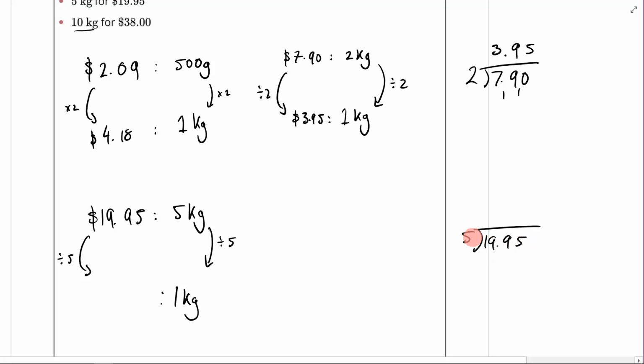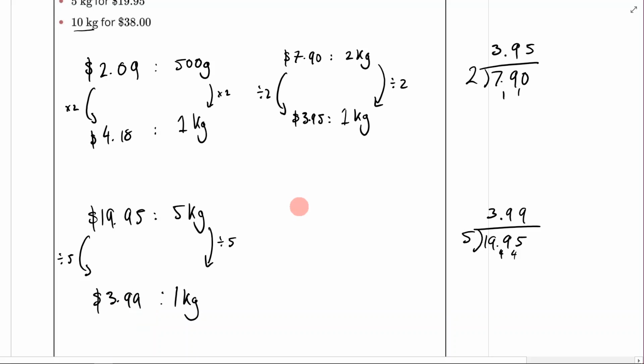How many times does 5 go into 19? Well, it goes in 3 times with 4 left over because 5 3s are 15, 15 to 19 is 4. How many times does 5 go into 49? Well, it goes in 9 times because 5 9s are 45, and that means I have 4 left over. How many times does 5 go into 45? It goes in 9 times. Remember, you bring your decimal place straight up from where it is. So this means it's going to be $3.99 for 1 kilo.